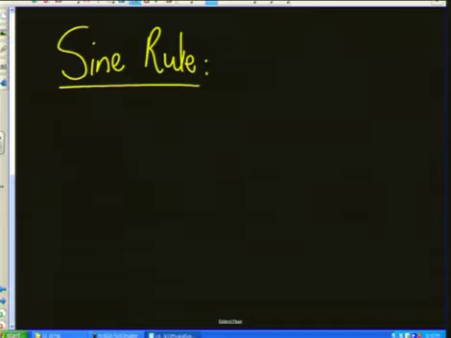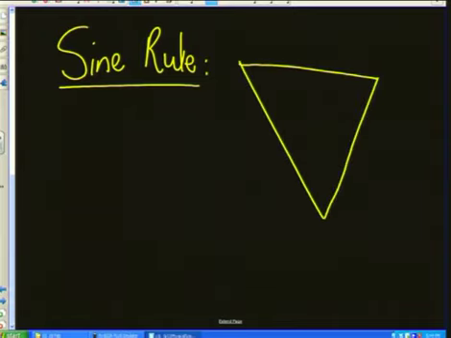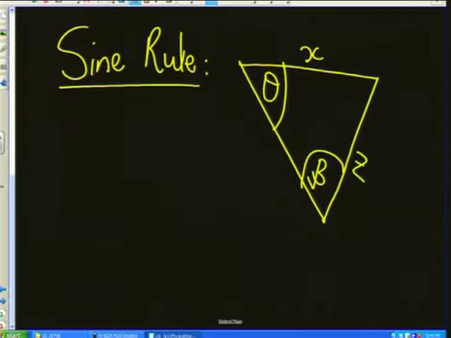The sine rule says if I want to know the dimensions of a triangle and I have angles given, say I am given this as x and this one as z, I've got side x and side z, and angle theta and angle beta.